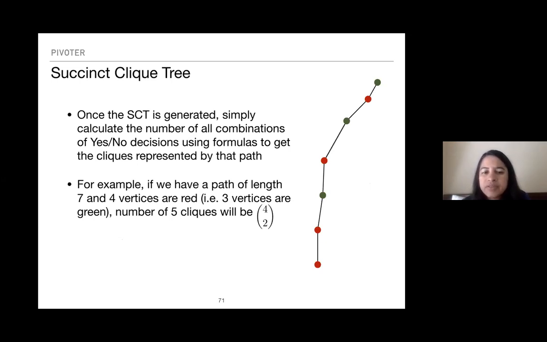So of the 5 vertices that I'm looking for, I've already discovered 3, and the remaining 2 vertices can be chosen from the 4 red vertices in 4 choose 2 ways. So that's how many 5-cliques are supplied by this path. So if I do this calculation for every path, I will have basically got the total number of 5-cliques in the given graph.